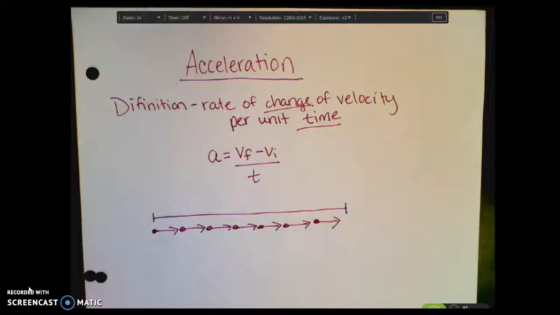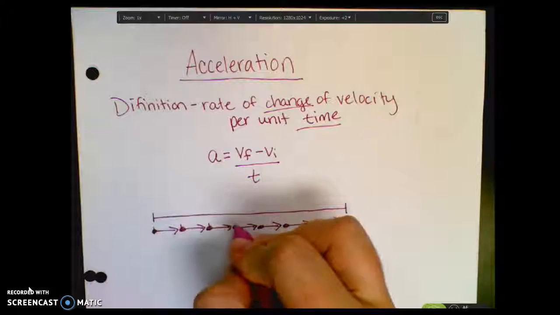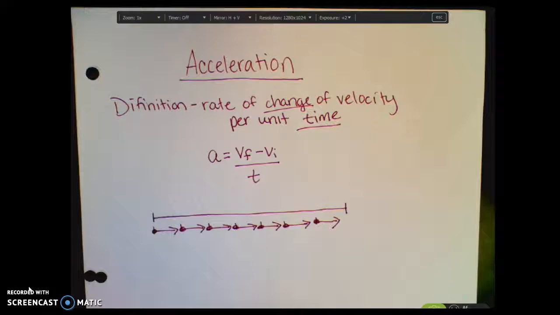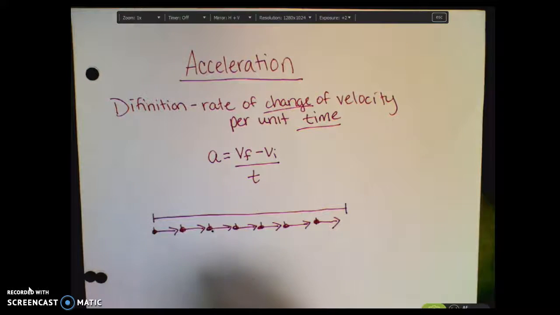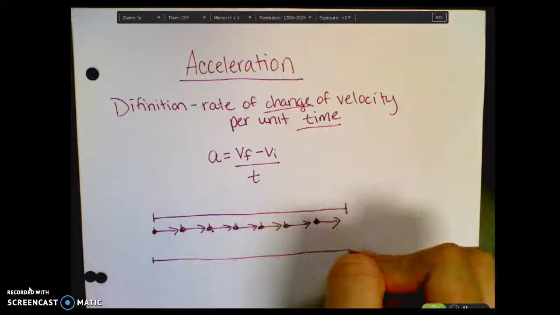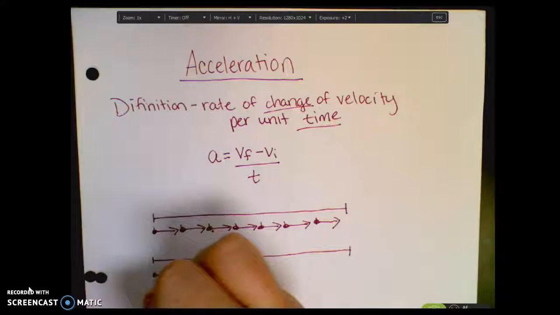Now, why is it moving at a constant speed? Well, that's because if we look at each section, if we look at where that object is for each second, it's covering the same amount of distance in the same amount of time, which indicates that it's going at the same velocity. Now, an object that is accelerating or changing its speed might look something like this.